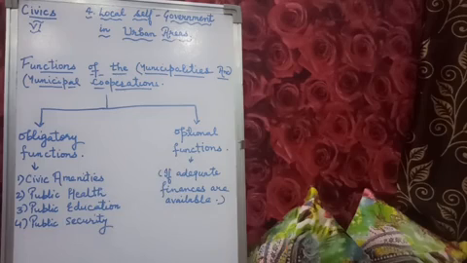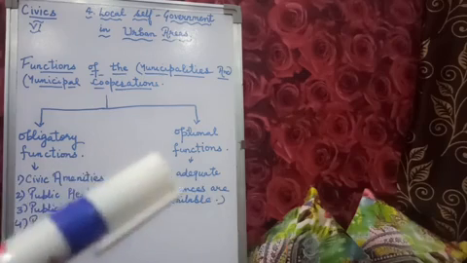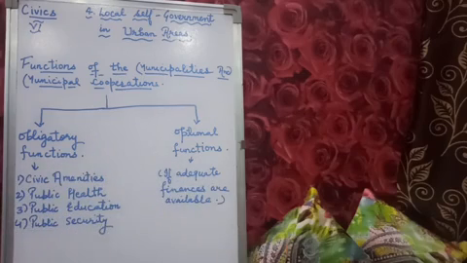Clear? One is obligatory functions, that is, it is their duty to perform these functions. And optional functions are based on the financial conditions, that is, if adequate finances are available.